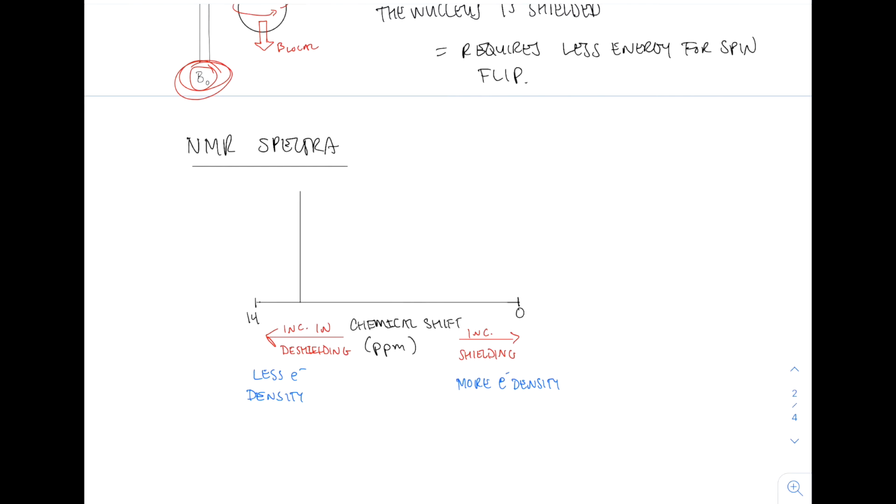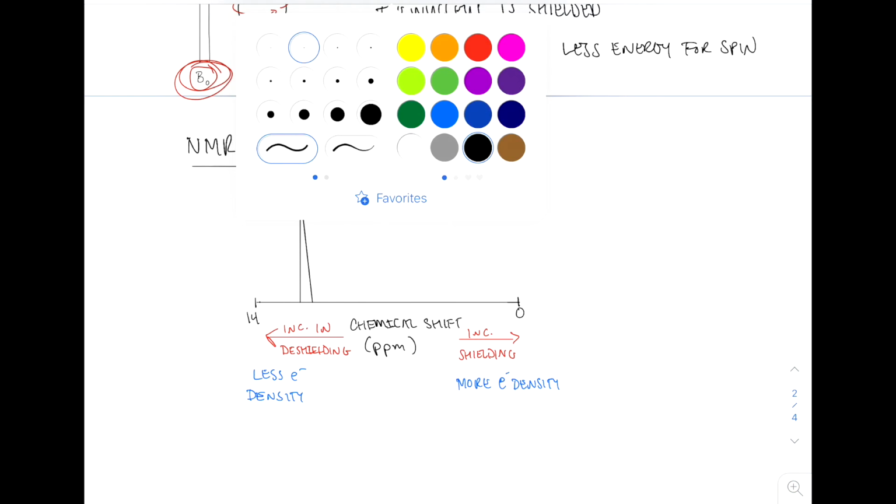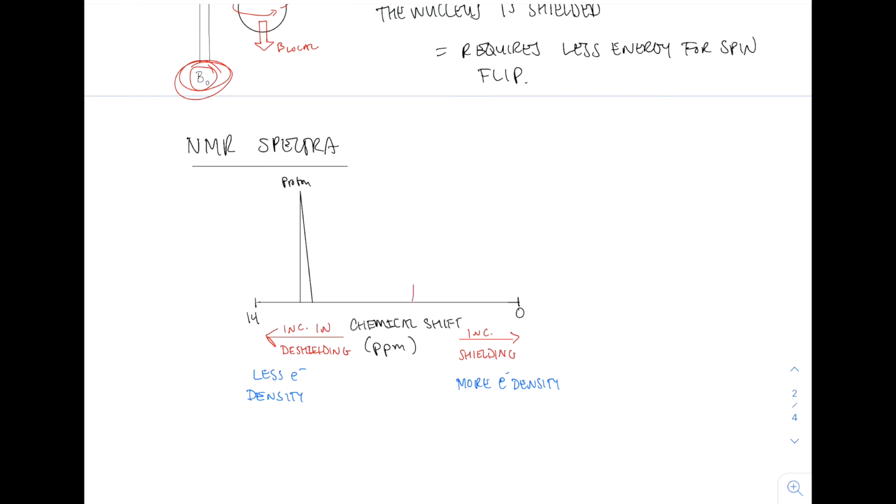Okay, and so if we had just a proton, for example, what would happen is we would get a peak in the NMR. That's kind of terrible, but if this would be the proton, and then if we had the proton plus the electron, then we would get that shift to the right, and this is actually called upfield.